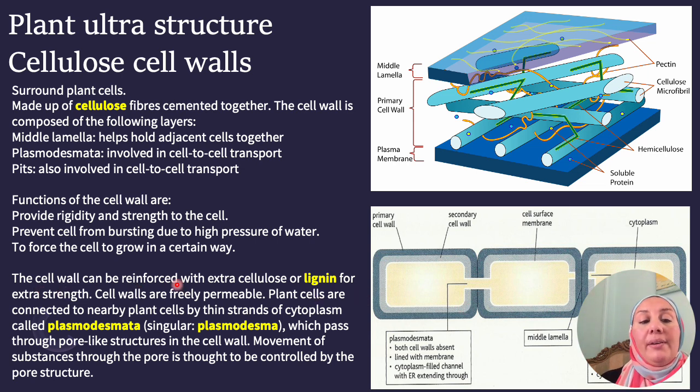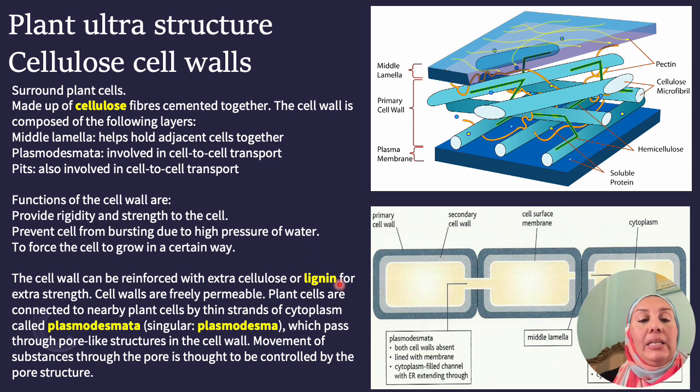The cell wall can be reinforced with extra cellulose, so we can add more cellulose to make that cell thicker or stronger, or we might add a different substance. So there could be extra cellulose or there could be another substance.